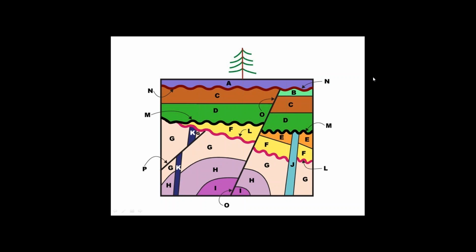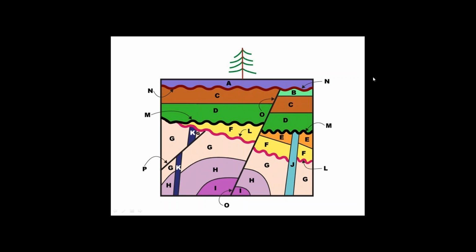You can see that E and F are slanted a little bit. They're not perfectly horizontal, and that is related to the principle of original horizontality. When they were formed, they were horizontal, but at some point a geological event caused them to tilt a little bit. Other things we can talk about.